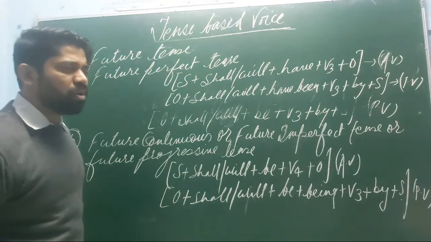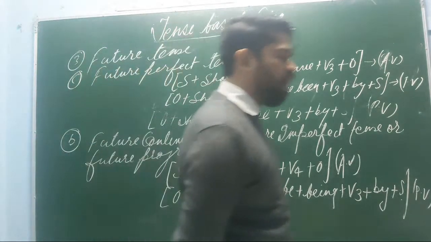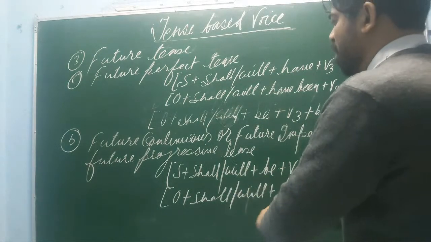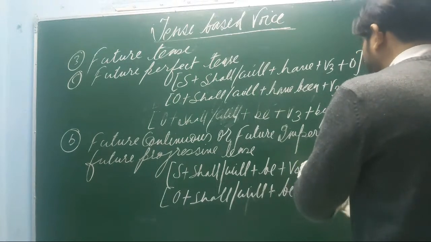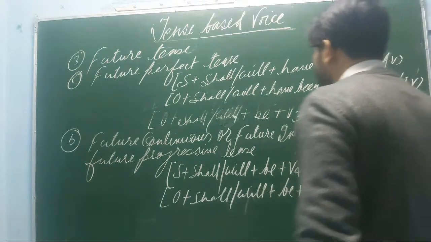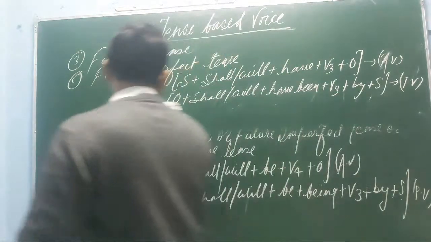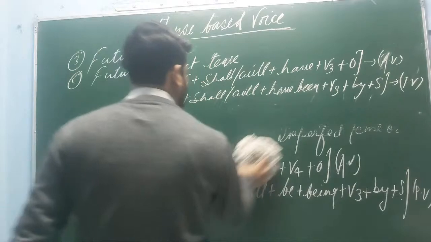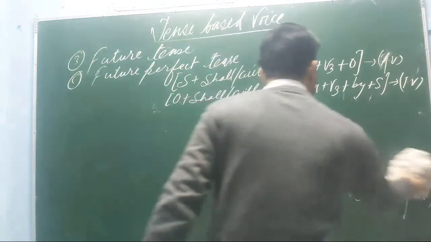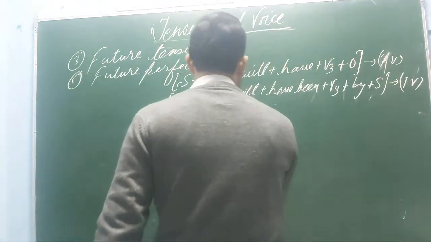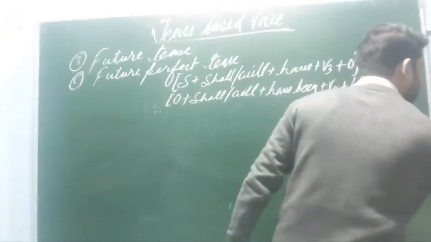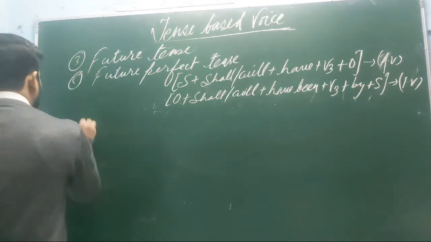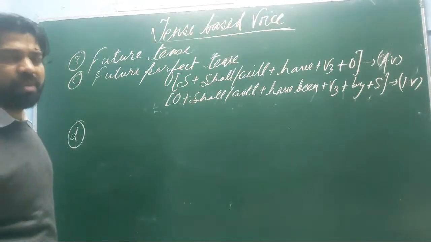Only we will know about the name and the structure of the last form of the future tense, known by the name of future perfect continuous. Future perfect continuous. So let's see what will be the structure, and after knowing this, it will be the completion of your revision class, tense based voice.